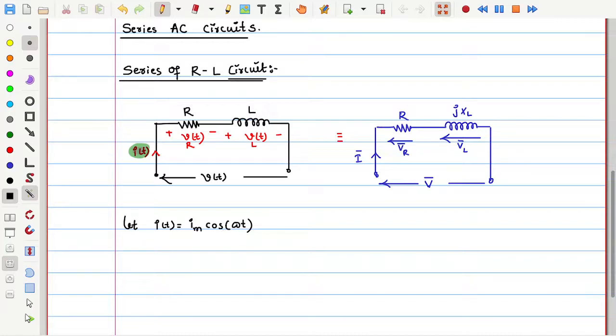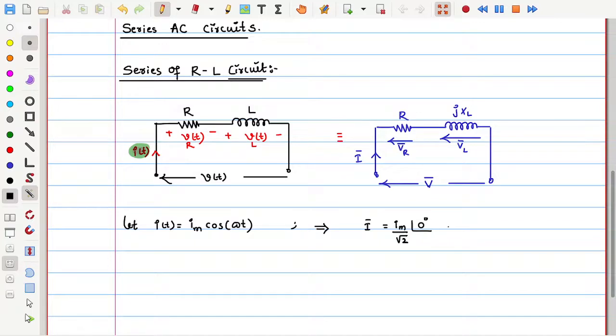Okay, so let me proceed by assuming this current and I will calculate the rest. This is the known information. Now I will jump into the phasor representation of this current and proceed with everything in the phasor domain. If somewhere I need the time domain back, I will convert from phasor domain to time domain. So let me say I bar is equal to Im by root 2 at an angle of 0.